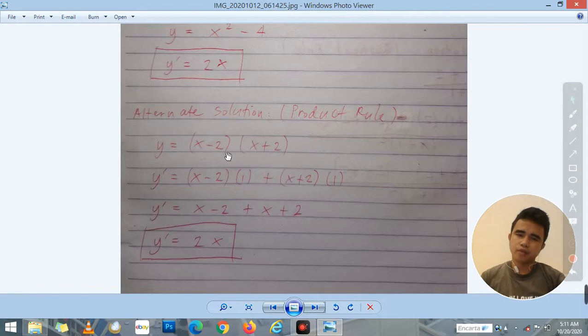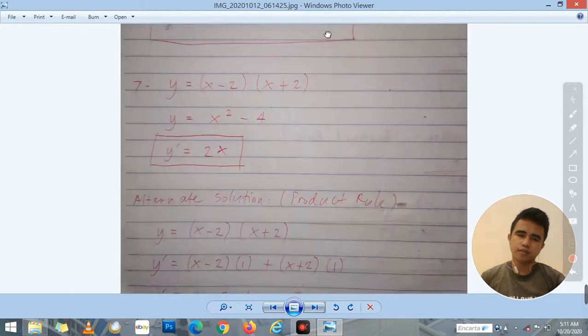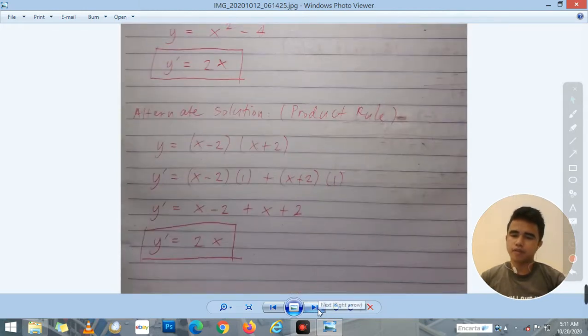For product rule, first term times the derivative of the second term is equal to 1, plus second term times the derivative of our first term which is equal to 1. Simplifying our expression, we have x minus 2 plus x plus 2 cancelled out, and it gives us 2x. So we have y prime is equal to 2x. That is problem number 7.